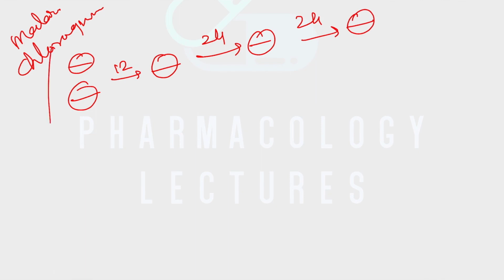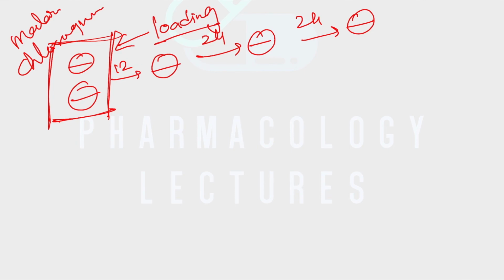Here the important characteristic is this. Why is the initial high dose given? This dose is called the loading dose, right? And this loading dose has an important aspect in it, that is volume of distribution.